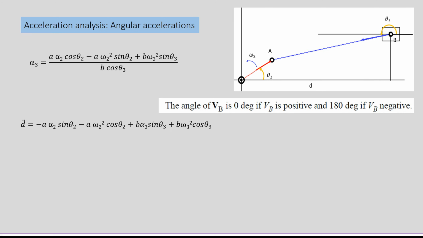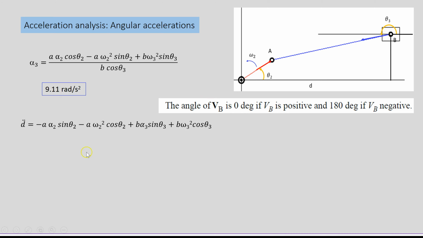Second part, again the angular acceleration of the coupler link. The equation is given to us and we know all the values, so we can substitute them and find the angular acceleration of link 3 is 9.11 radian per second square.